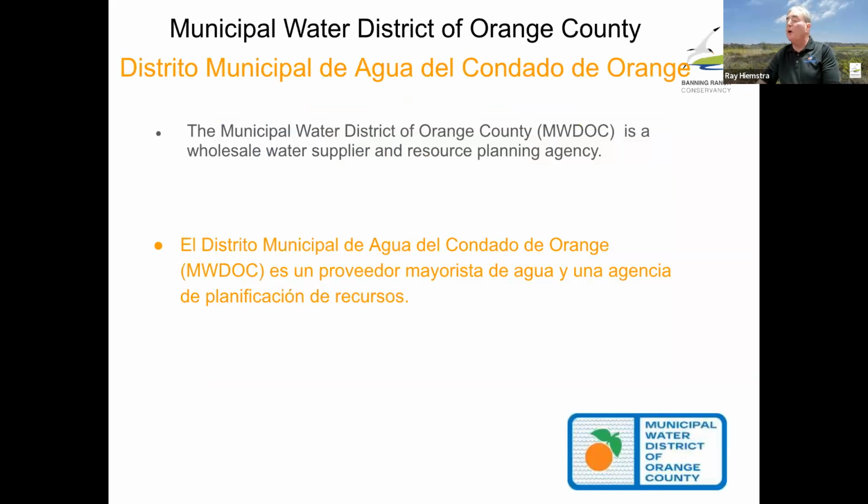Now, the Metropolitan Water District brings in water from the Colorado River Aqueduct, and I didn't mention it, but also from the California Aqueduct in Northern California. And then they sell that in Orange County to a middleman known as the Municipal Water District of Orange County. So their only job is to distribute imported water throughout Orange County.